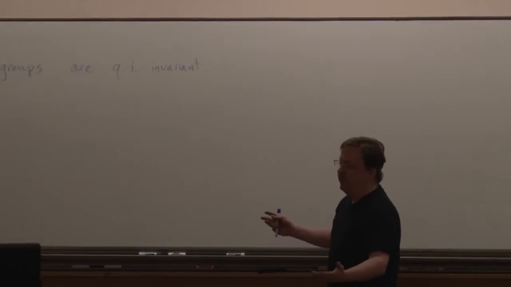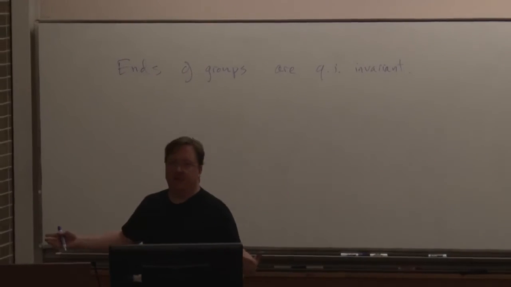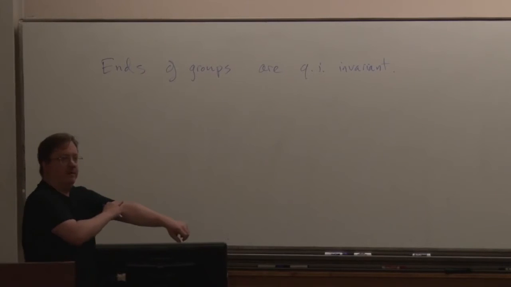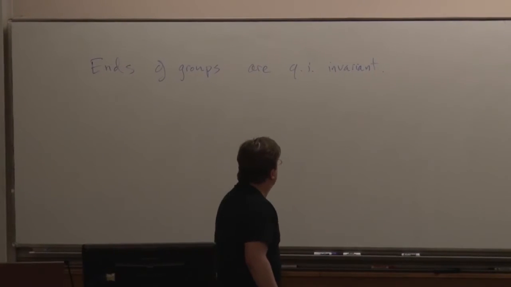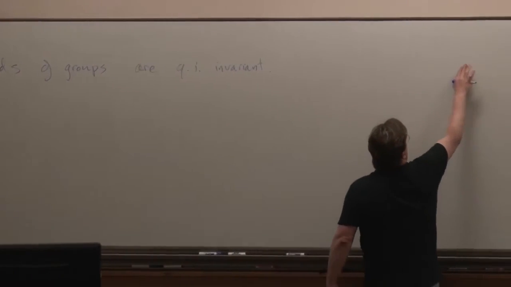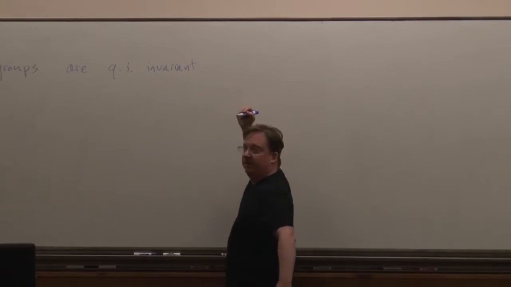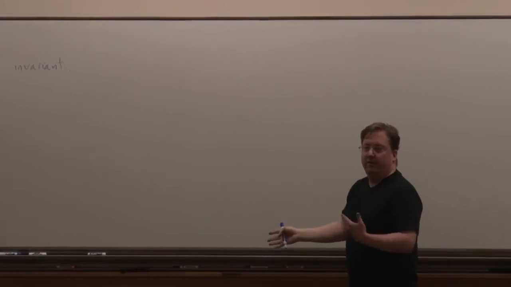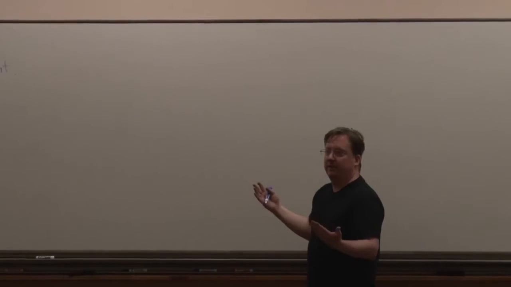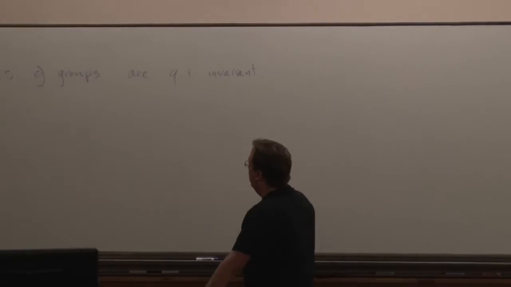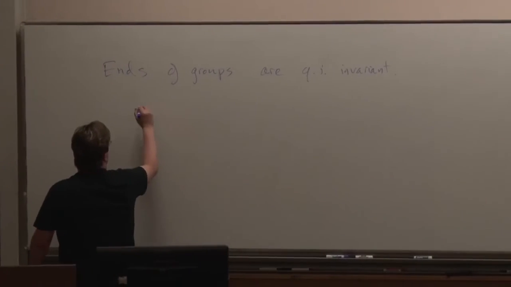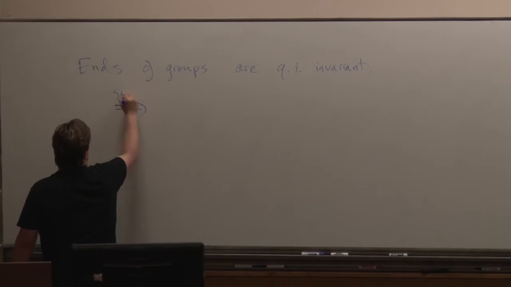So whether your group is one-ended or two-ended or three-ended, although good luck, or infinitely many-ended, is a QI invariant. Right? And then there's, of course, this famous theorem of Stallings that tells you whether your group has more than one end, tells you whether it splits.